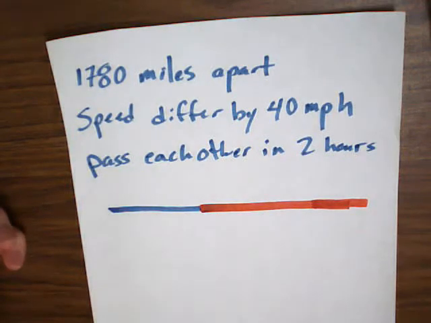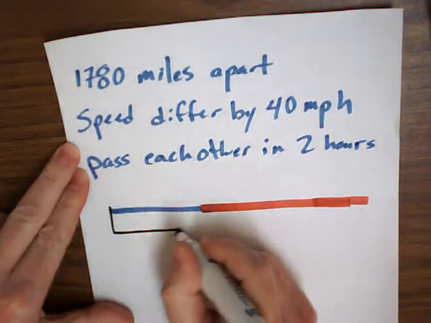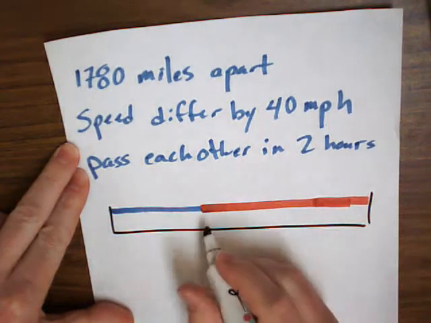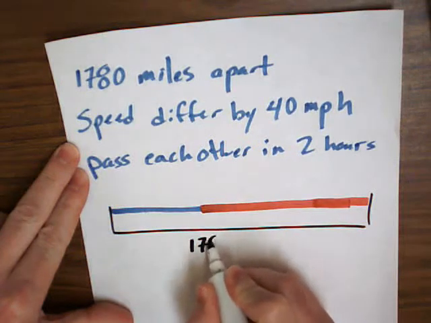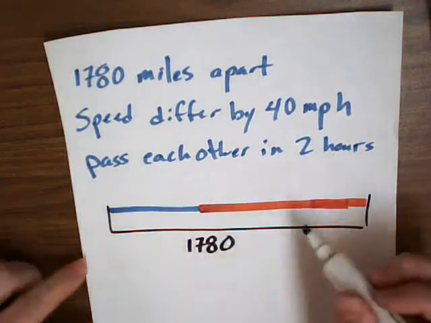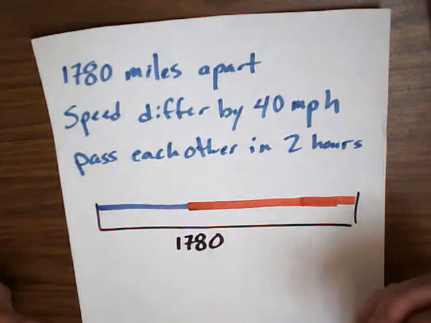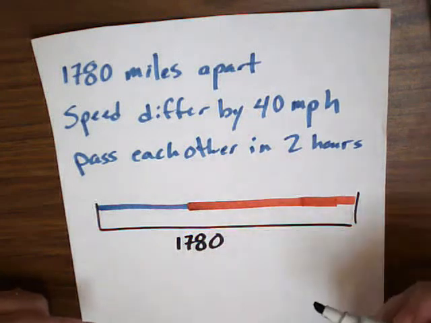What we do know is that I don't particularly know how far each one of those has gone, but I do know a total from here to here is a total of 1,780 miles. I don't know what this blue distance is. I don't know what this red distance is. But I know if I add the two distances together, you get 1,780.